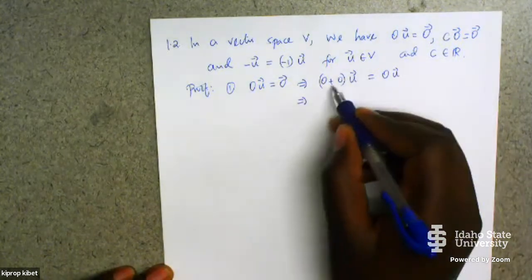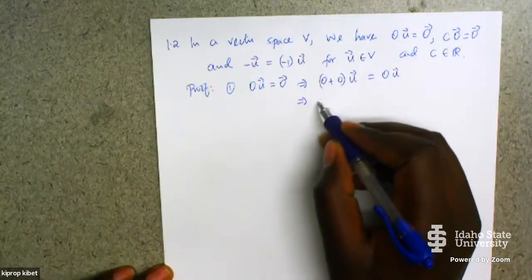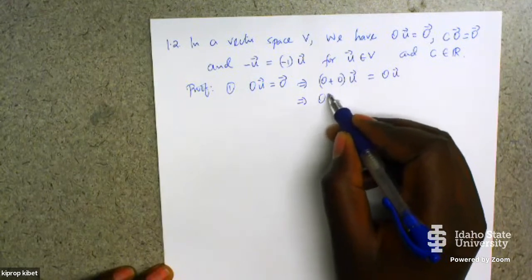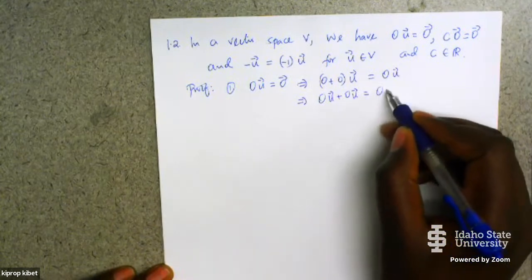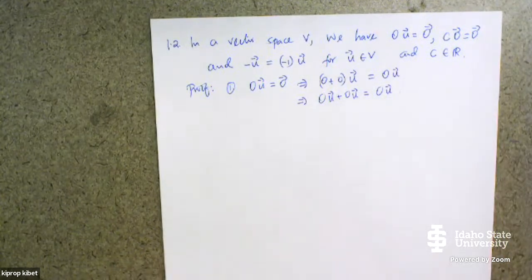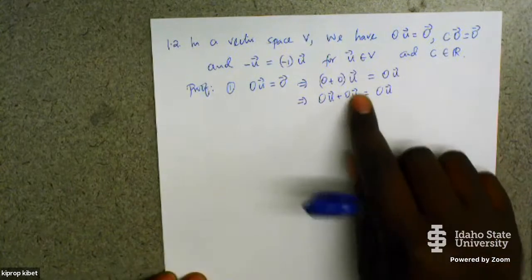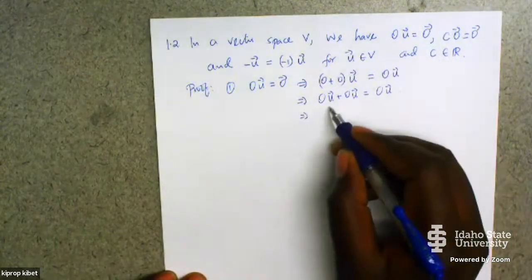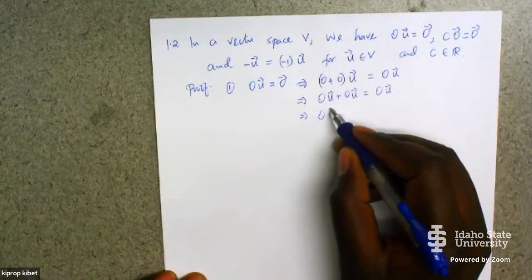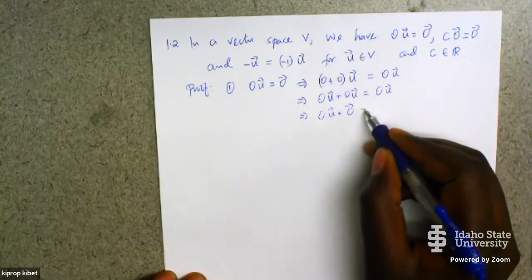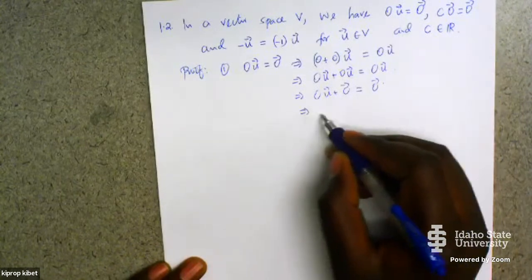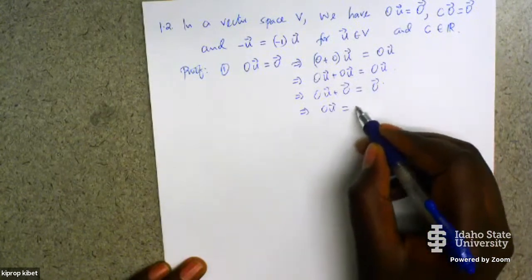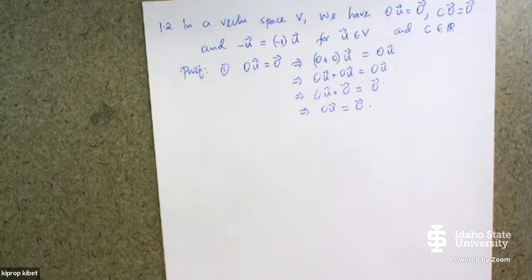Then also, when you distribute u here, 0 u plus 0 u equals 0 u. This 0 u here is the same as 0 u plus the 0 vector, which is the same as the 0 vector. Then 0 u equals the 0 vector.